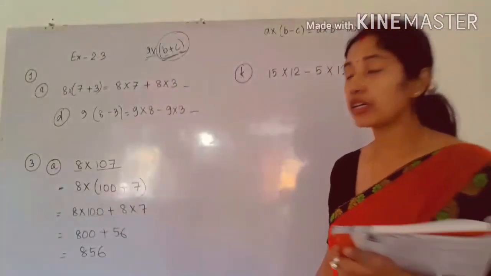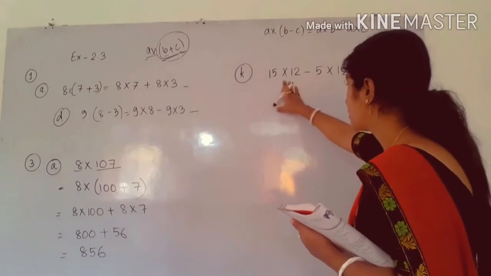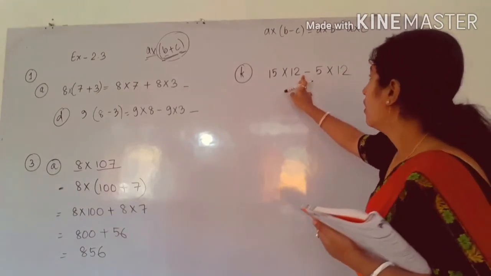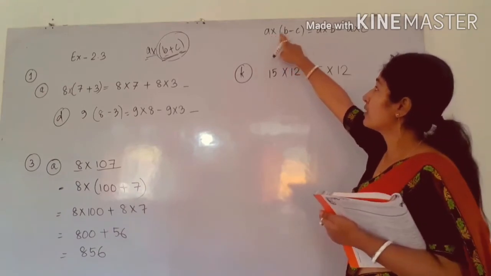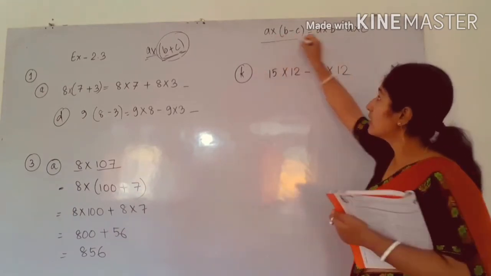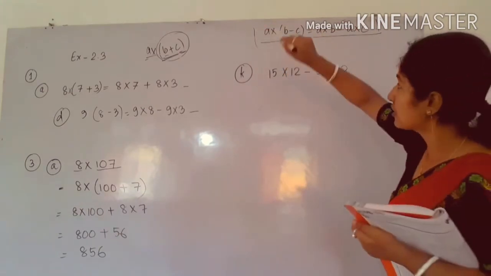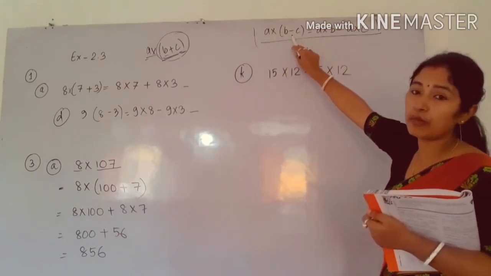Next is question K. See here, the multiplication symbol is there, and the negative symbol is there. That means this is the distributive property of multiplication over subtraction. Already I have written the statement for addition, and in the case of subtraction you have to replace the addition symbol with the minus sign.